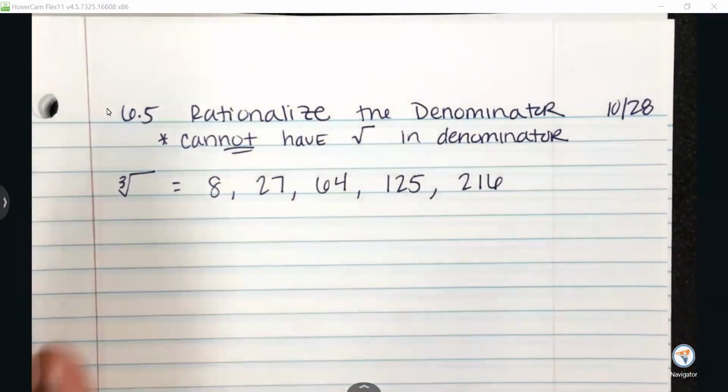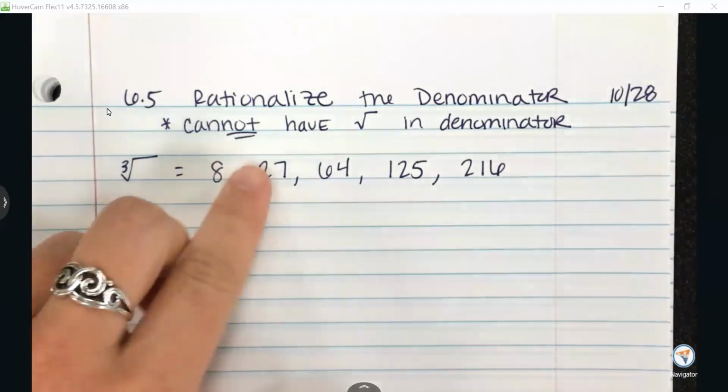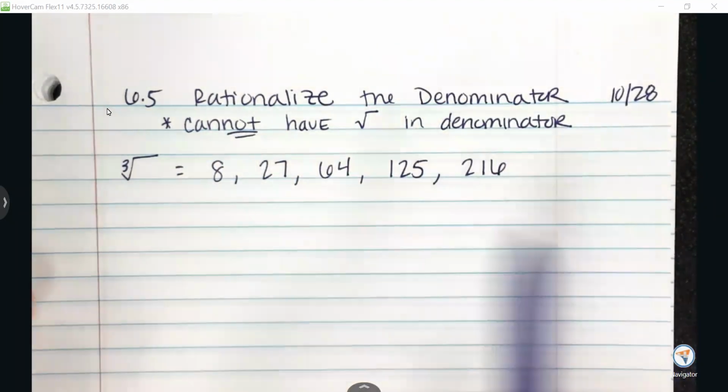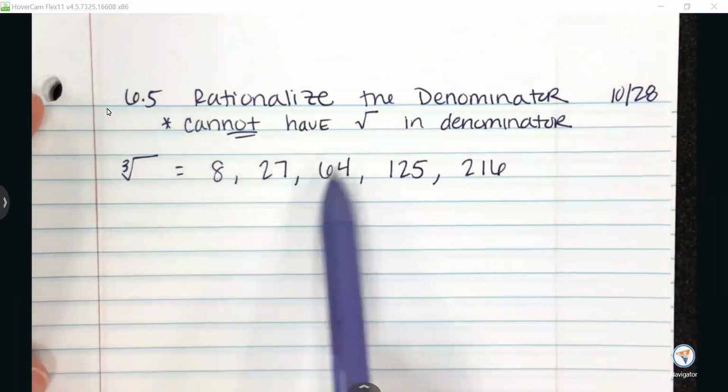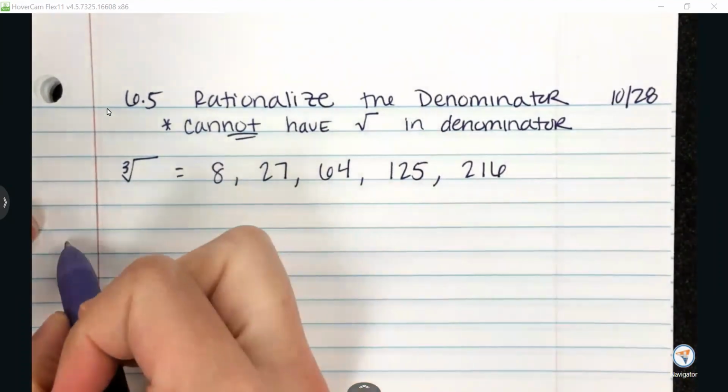If you don't know those, I would make sure you have them memorized soon. 2, 3, 4, 5, and 6. That's what I meant. Sorry, because the first one's 1, right? Well, the first 6, meaning 2, 3, 4, 5, and 6. Sorry. Okay. All right, so here we go.